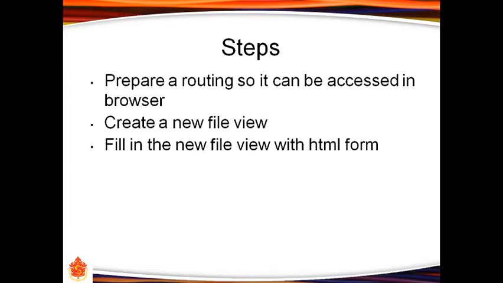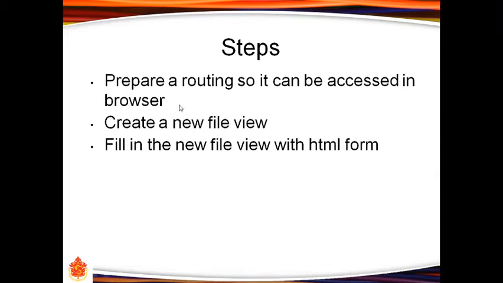Okay, the step is we will prepare a routing first. We prepare the routing and we check first whether the routing can be accessed or not. Maybe we can just create a hello or something.